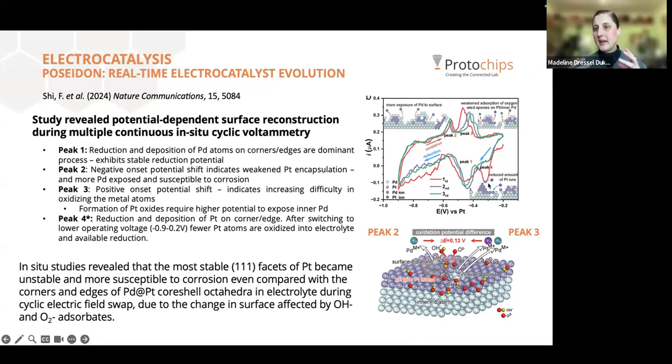But once you do that, the palladium corrosion becomes the defining factor. What they also found, looking at the shift between peak 2 and peak 3, is the potential difference between the surface and core palladium etching.